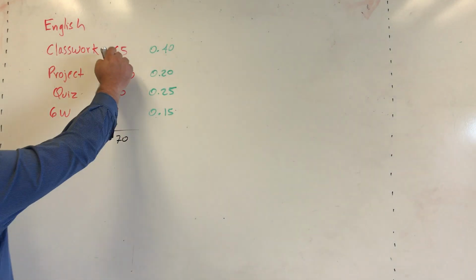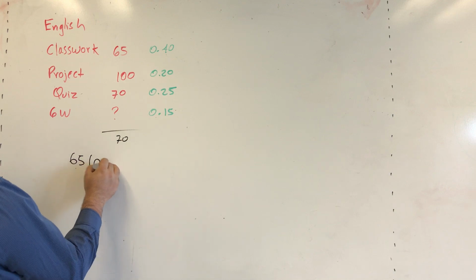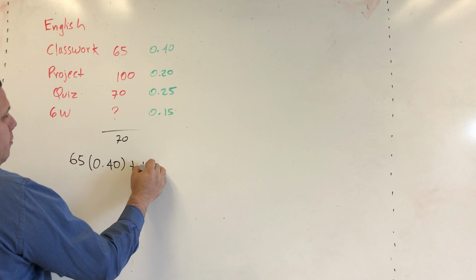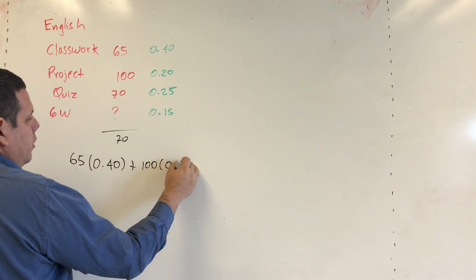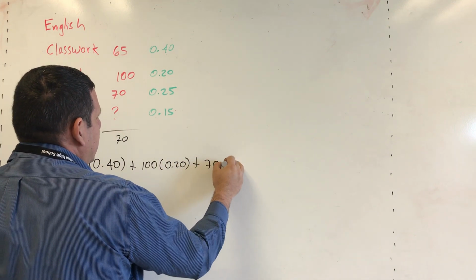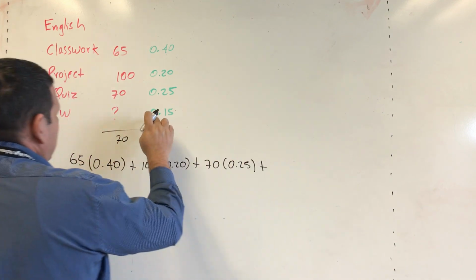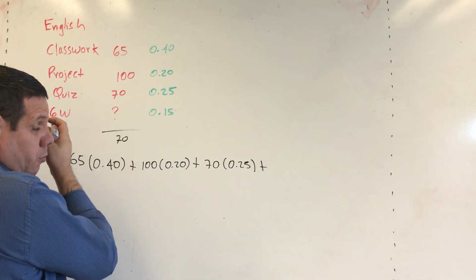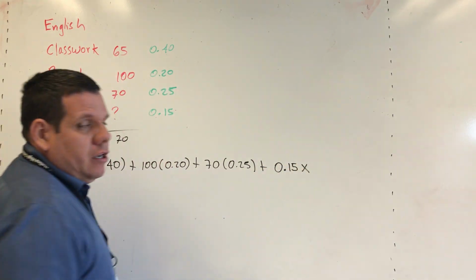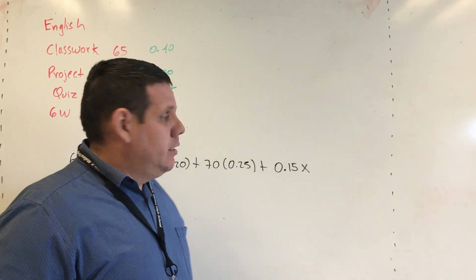First, we need to multiply this times this. So you have 65 times 0.40 plus the project, 100 times 0.20 plus your quiz, 70 times 0.25 plus your 15% or 0.15x, because we don't know the value for this variable x, okay?